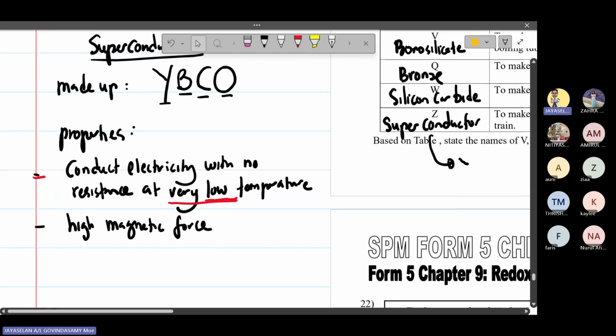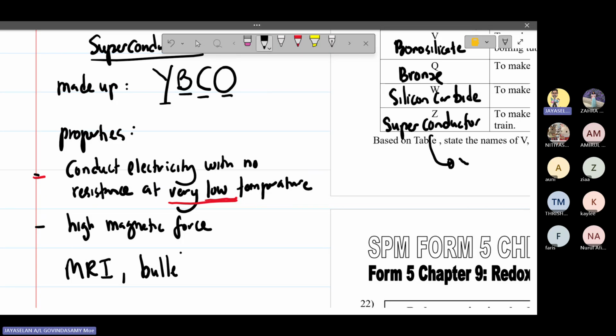Superconductor is used in what? MRI machine, bullet train, Maglev train, magnetic force. You can see in Japan now. Can understand? This one cannot get wrong.